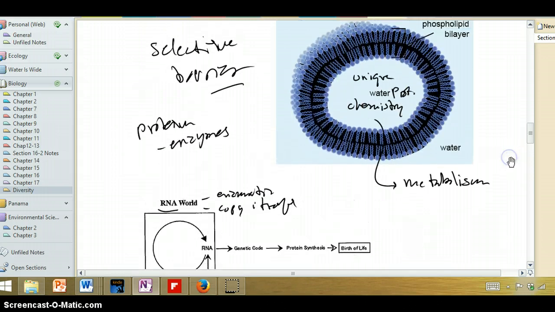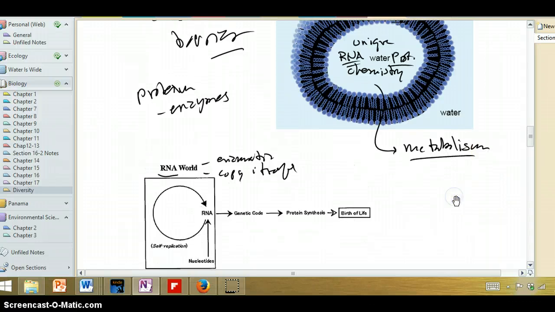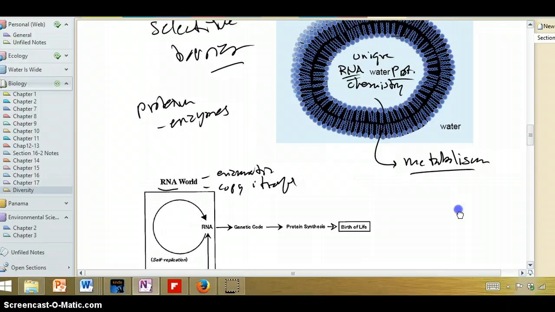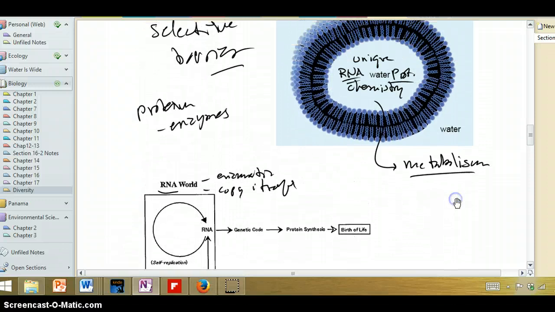So inside of our protocell, again, presumably we think that RNA was the first hereditary material. You've got these proteins present, and as you recall, you can use RNA as a template to make proteins. So you've got your simple metabolism, and so what's another characteristic of life, if you can recall?